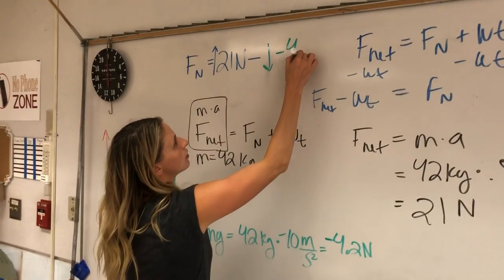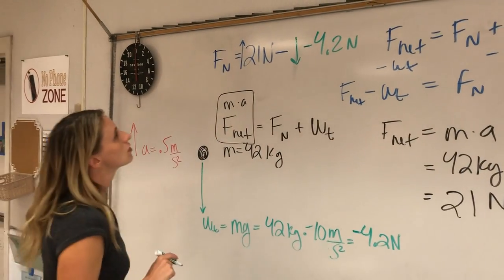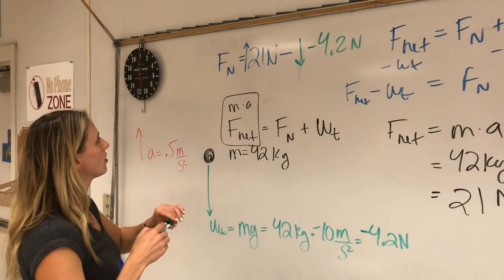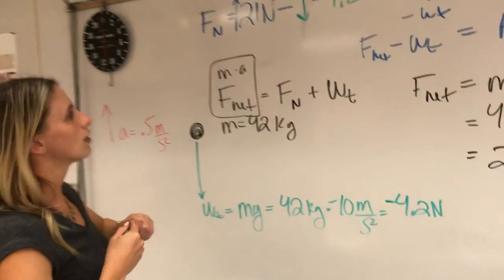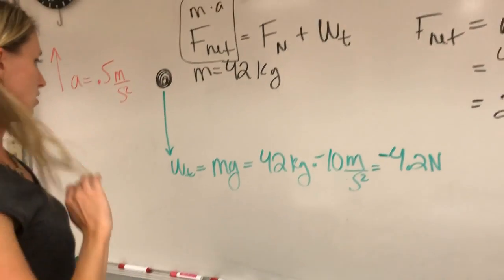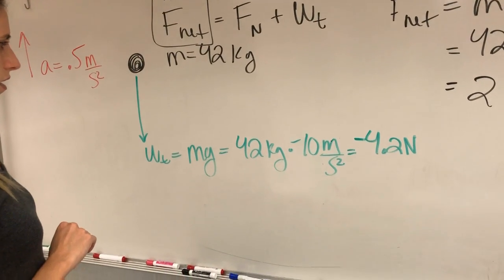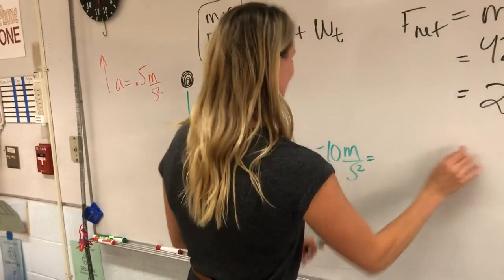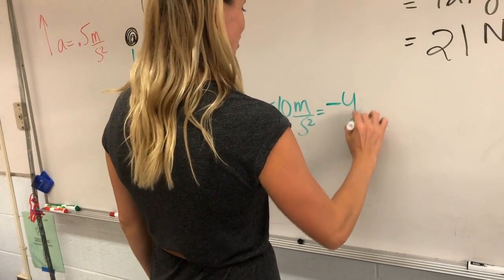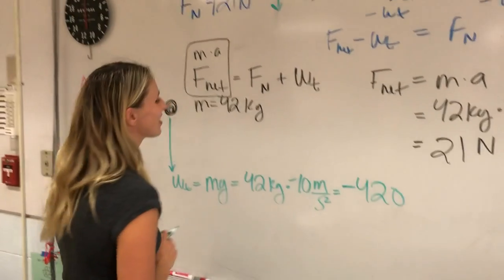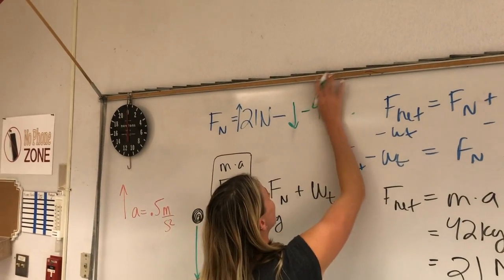4.2 newtons. Hold up. It should be 420. I know, that doesn't make sense. Negative 420 newtons. Okay, let's change this.